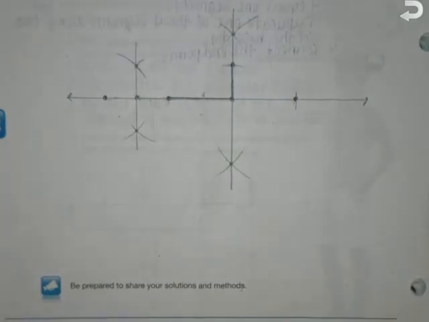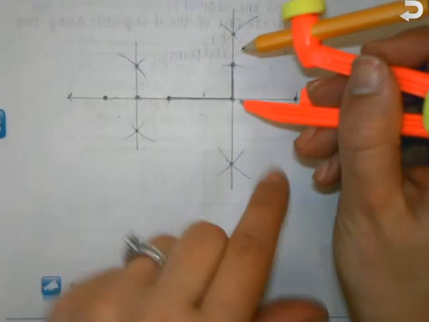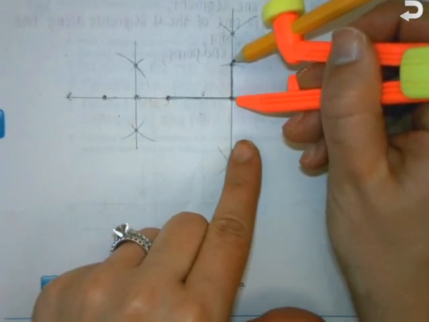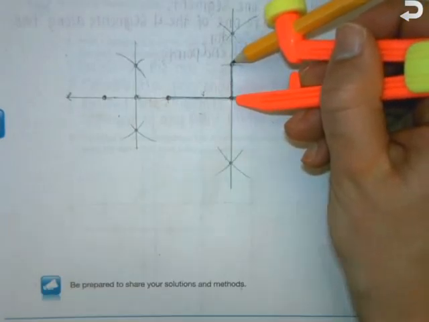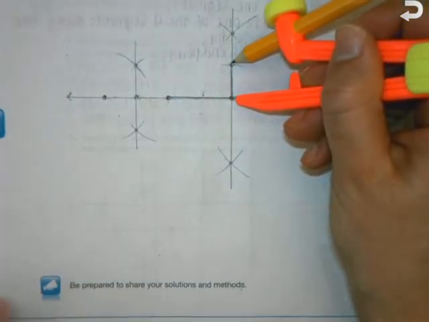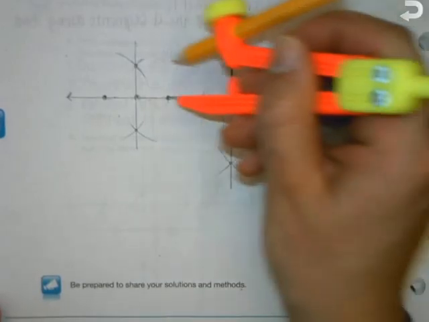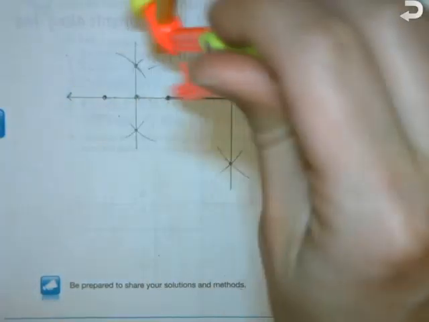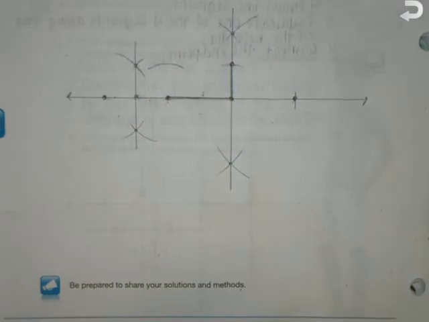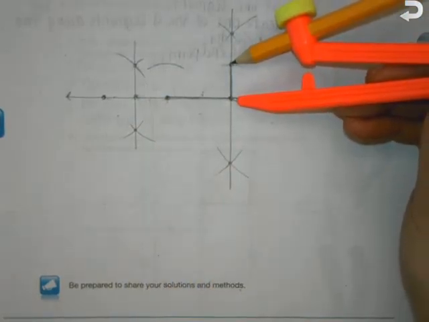So what we're going to do is open your compass so that it's the length of that smaller segment. Okay, so everybody should be here. And move it over to your other endpoint and just draw an arc right there. So we took the length of our small segment, which is our height, and we used the other endpoint to draw an arc.